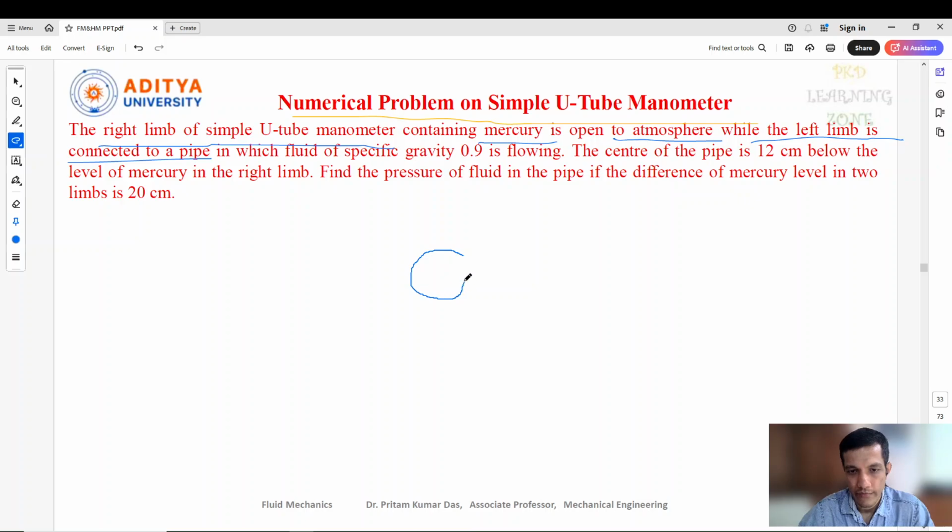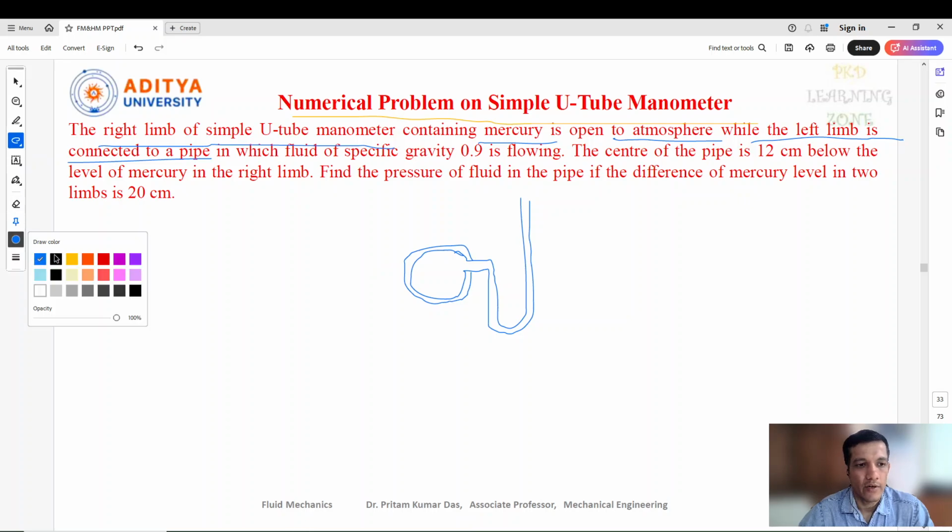Let this be the pipe, and as this is a U-tube manometer, let me draw this U shape, and this is the pipe. Let's draw another layer of this. Inside this we have liquid. The liquid is flowing inside this, and this will have an impact on the mercury which is present inside.